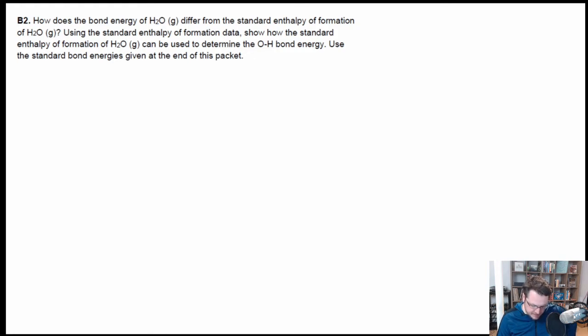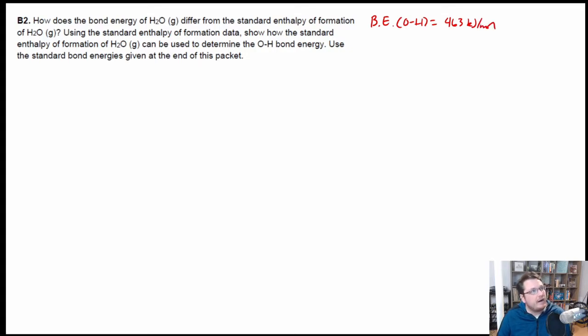So the question was, how does the bond energy of H2O gas differ from the standard enthalpy of formation of H2O gas? In these cases, we can look at the end of the packet, and what we can see is that the bond energy of an OH bond is equal to 463 kilojoules per mole.